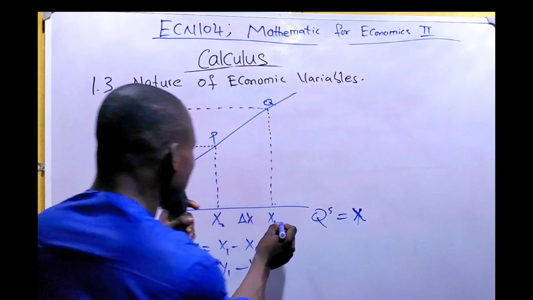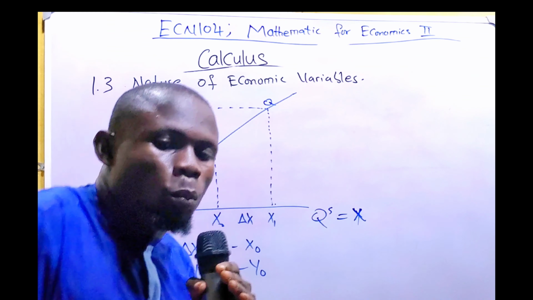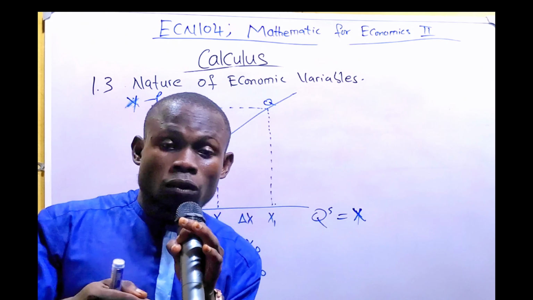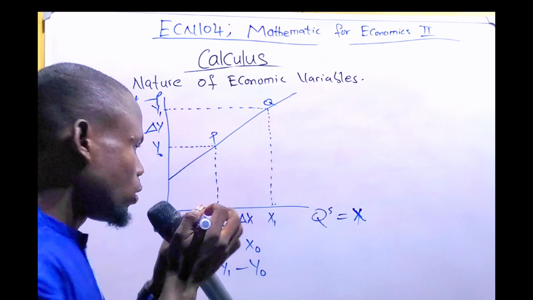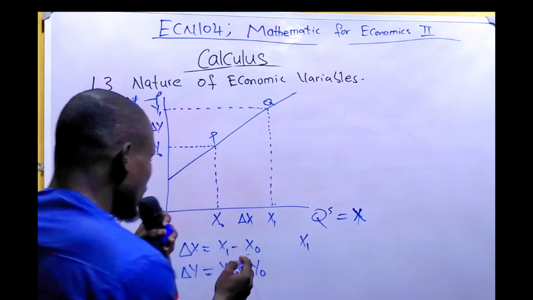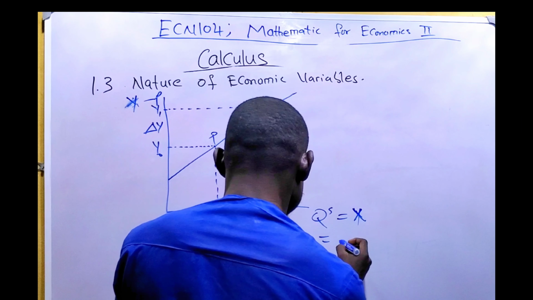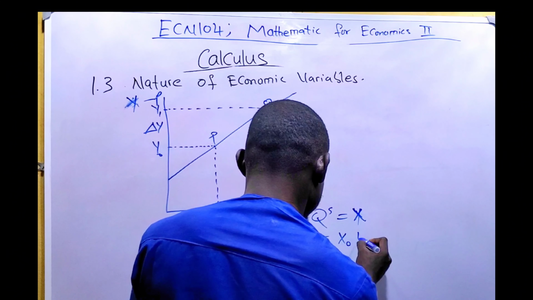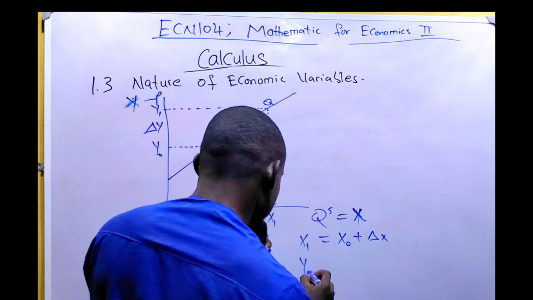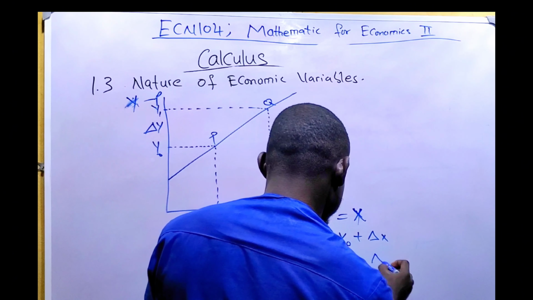Now, for us to find this particular value of S1, that is, the new position of quantity supplied and the new position of price, making S1 the subject of the formula, S1 will now equal S0 plus change in S, and Y1 equals Y0 plus change in Y.